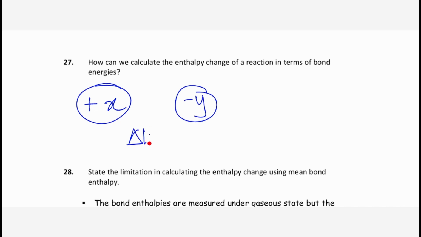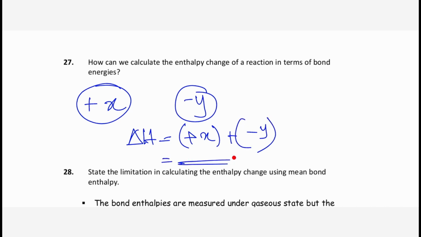In order to find the enthalpy change of the reaction, you simply add these two values with their respective signs, the plus and minus sign, and you get ΔH, the enthalpy change. Right?